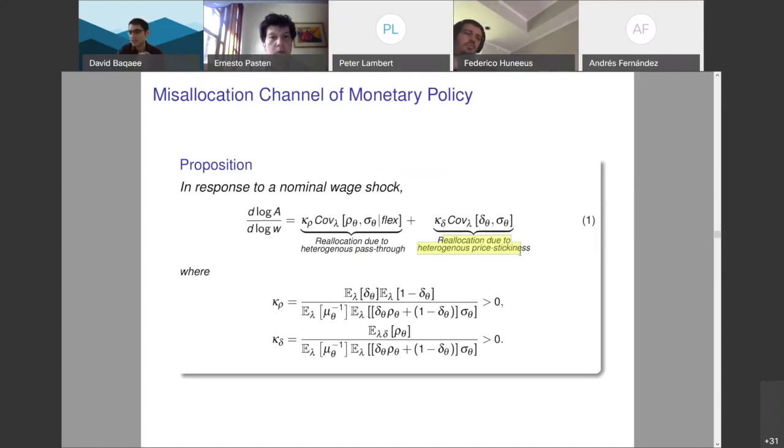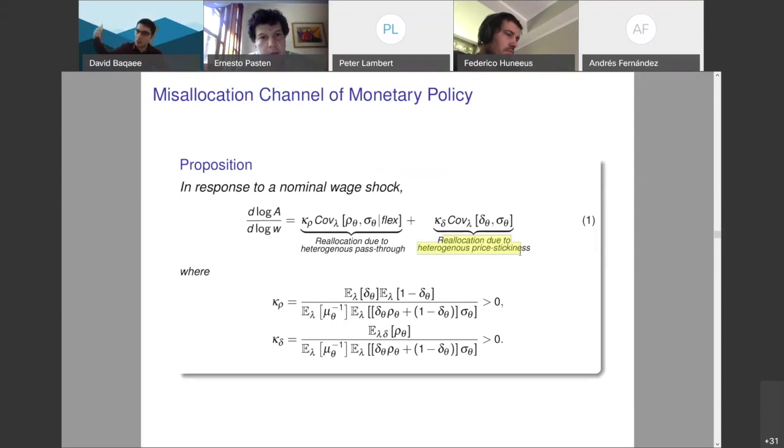Okay, and so in deriving these equations, it actually doesn't matter so much where the initial markup came from. Was it the initial desired markup, or was there some past period with price stickiness that resulted in you having dispersed markups? That doesn't matter so much.